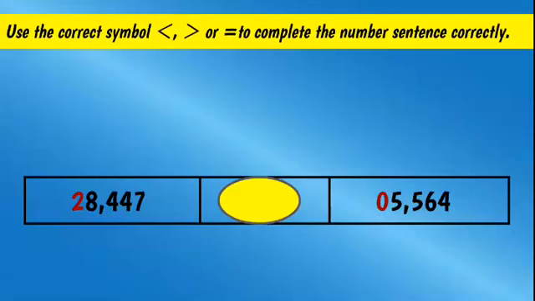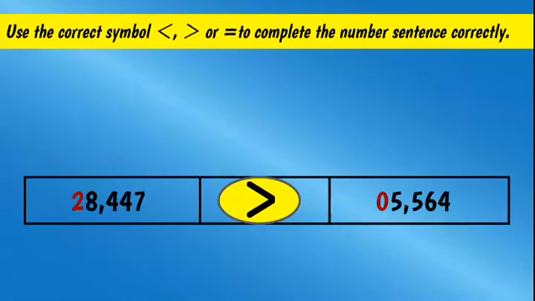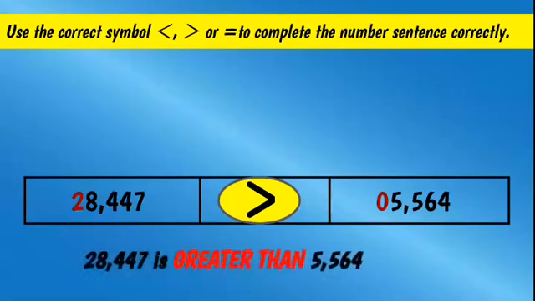So 2 and 0, so we're comparing. We're going to see that the number with 2 at 20,000, so 28,447 is greater than 5,564. So here we have a greater than symbol.